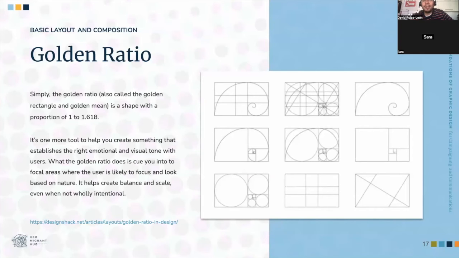There's a lot of information and history behind it, but basically it's a proportion that comes from the lines created by the spiral called the Fibonacci spiral, which you can find in nature and in the human body and in many different places.